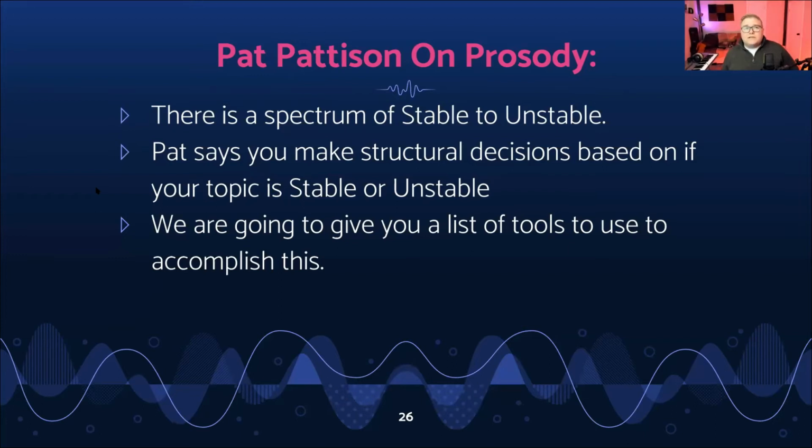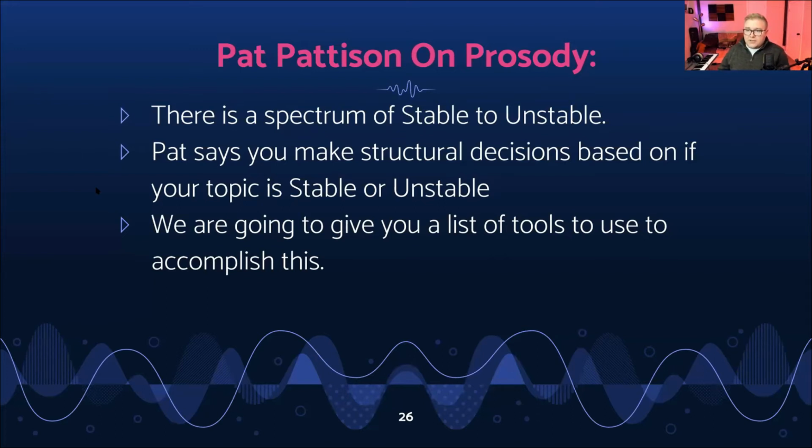Yep. So think of it this way. Let's say you had a song that was about someone being very nervous about something. Would you say that topic is stable or unstable? Unstable. So that's unstable. When you think about writing that topic, you would use unstable structure.